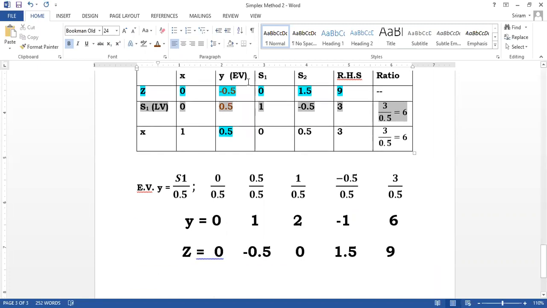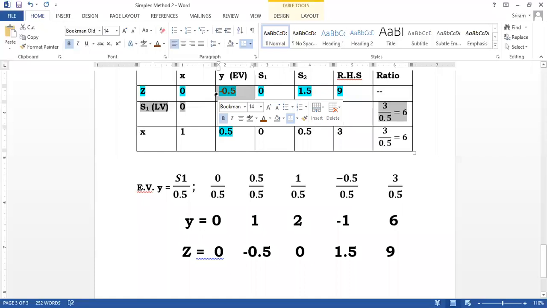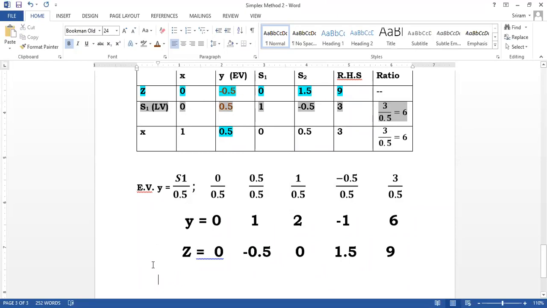What is the corresponding pivotal column element? Minus 0.5. We said we are going to take the opposite sign, so that will become minus of minus 0.5. I am going to multiply by the y value which we found newly. So what will be the answer?